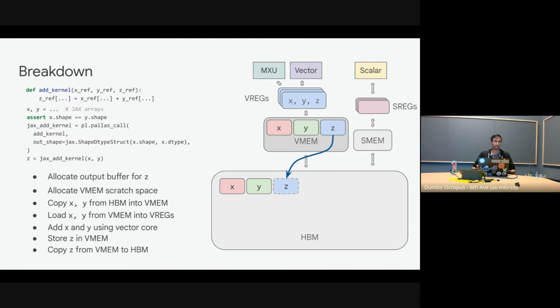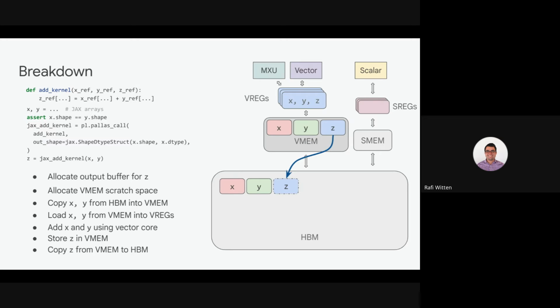The compiler has a register allocation pass that ensures that we only use the physical amount, and any extra data we can't store in VRegs will be spilled into VMem. So really, VMem is our limited resource here. And if you try using too large sizes of this kind of op, you'll get a compiler error saying we ran out of VMem.